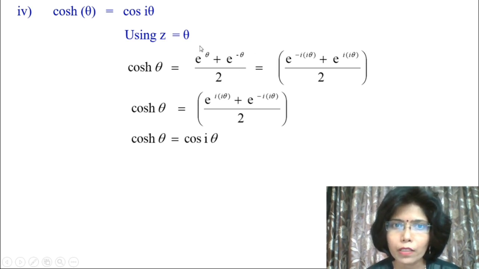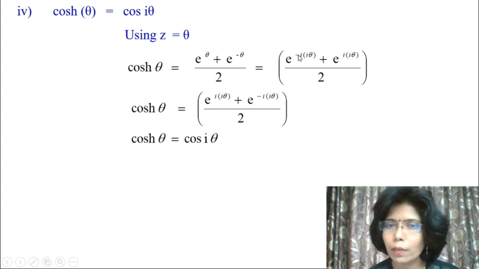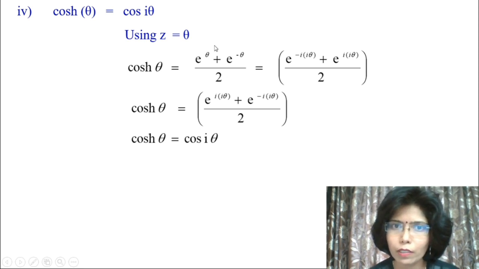Now, instead of theta, again we'll write minus i times i theta. Because here minus i into i will be minus i square, which is nothing but plus 1. So it is plus theta, which is nothing but e raised to theta. Plus e raised to i times i theta, again i into i will be i square, which is nothing but minus 1, so it will be e raised to minus theta, which is nothing but this expression, divided by 2.